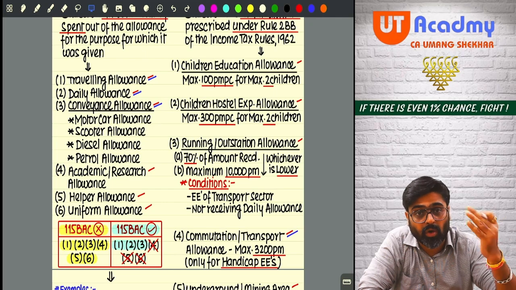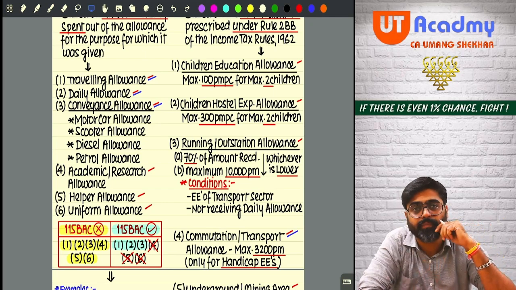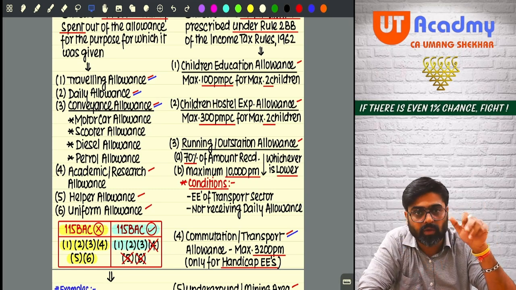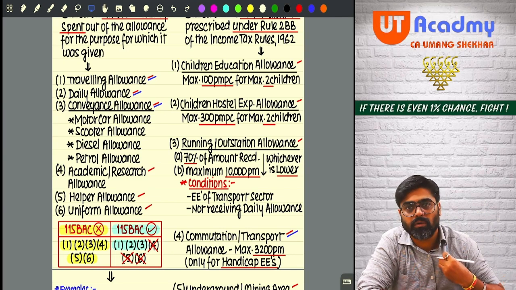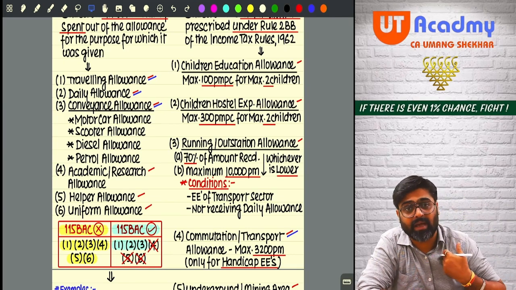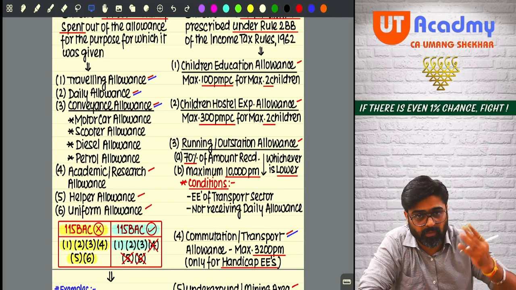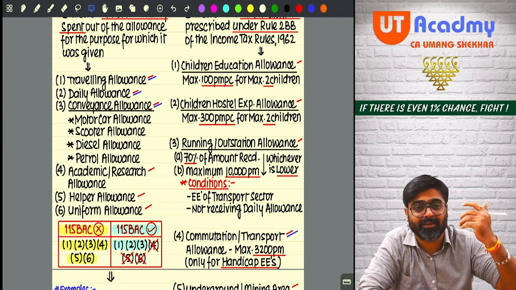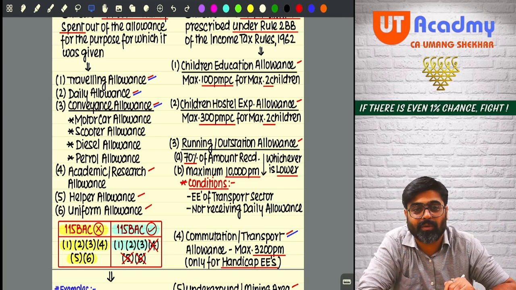So to meet such laundry expenses on that uniform, give me some money. Because it is your requirement that I should come in a particular uniform. I could have come in my own clothes also. But if you are saying that I should come in a particular uniform, then please give me the money to make that uniform as well as maintain that uniform. That money is given in the form of what? Uniform allowance.